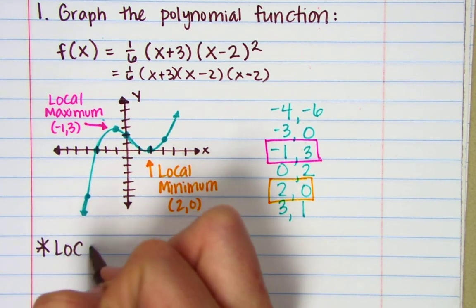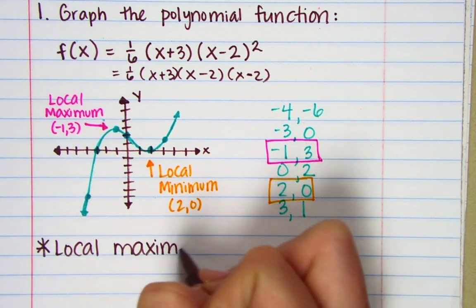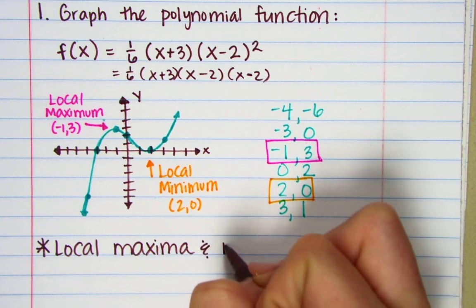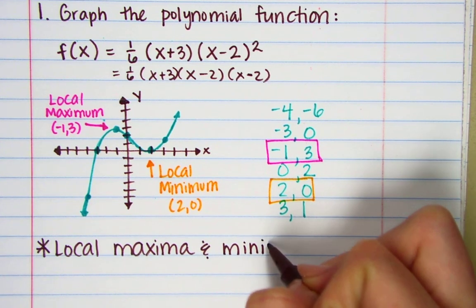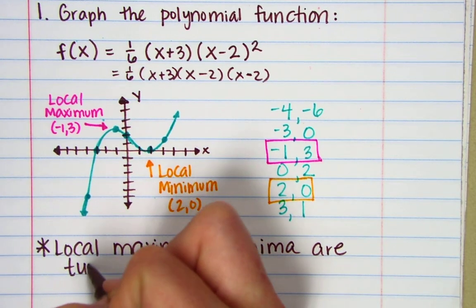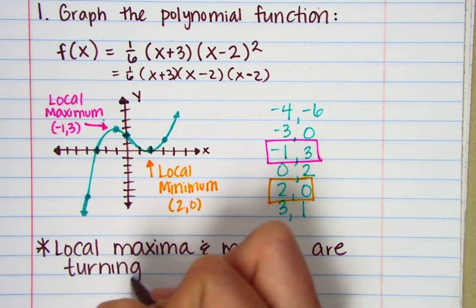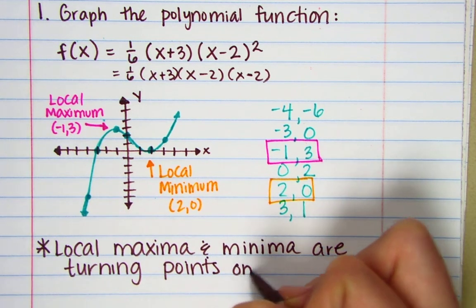Local maxima and minima, which is the plural of minimum and maximum, are turning points on the graph.